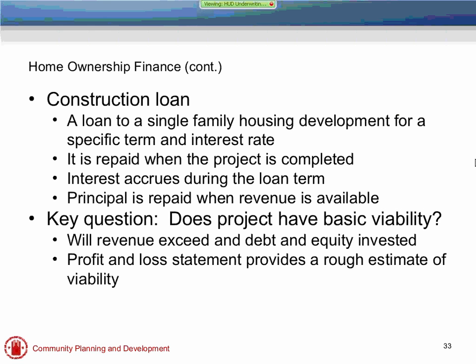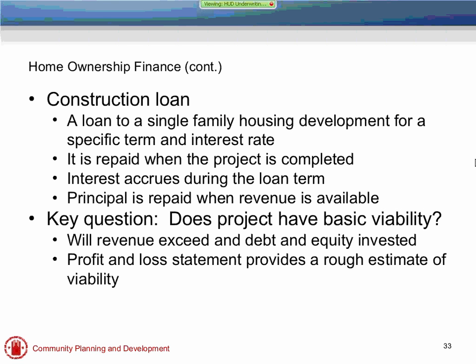And again, once there's rental revenue available, once the mortgage is actually in place, then the construction loan can be paid off. So really, we're looking for a project, if it has basic viability, looking at the profit and loss to determine whether it truly has that viability. Is the revenue going to exceed both the debt and equity invested?